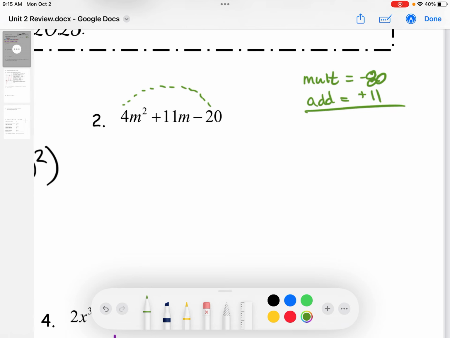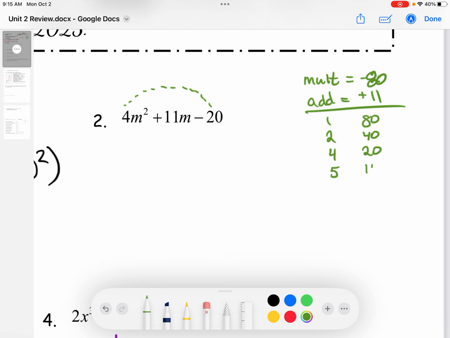So I'm going to list my factors of 80 because I don't know which set's going to work off the top of my head till I see a list. So 1 times 80, 2 times 40, 4 times 20, 5 times 16, 8 times 10. Now, to multiply to be a negative number, I need one positive and one negative.